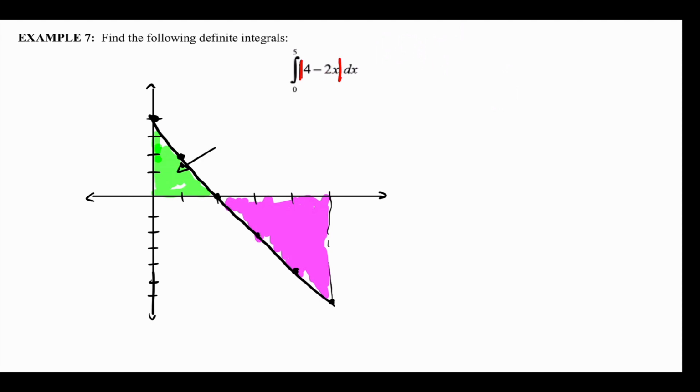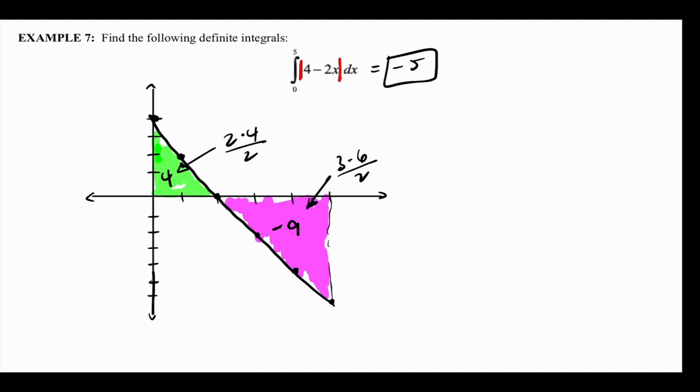The area of the green is 2 by 4, so 2 times 4 divided by 2, which is 4. The area of the pink is 3 by 6, so 3 times 6 divided by 2, that's 9, -9 since it's underneath. Add them together, and you get -5. That's the easiest way to do it.